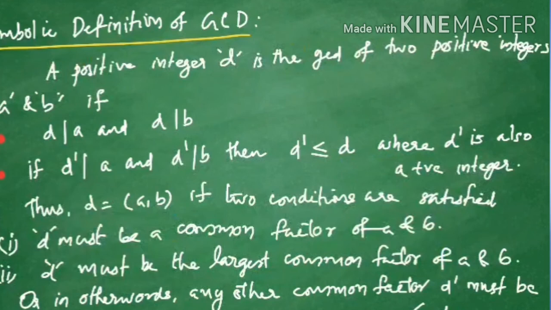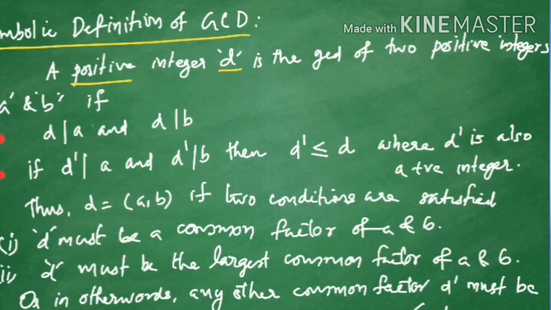From these facts we can symbolically define the GCD, the greatest common divisor or highest common factor. Notice that the definition itself guarantees that D must be a positive integer. A positive integer D is the GCD of two positive integers A and B if two conditions are satisfied.